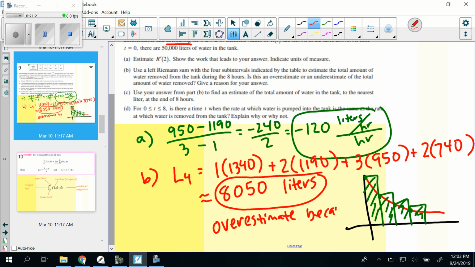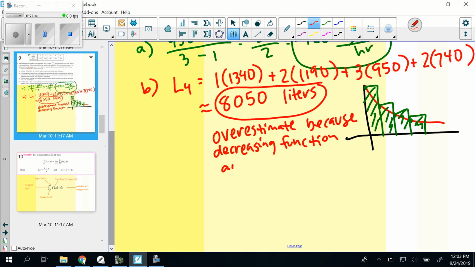So we'd say overestimate because it's a decreasing function and we're using left endpoints. And that would be a good enough explanation to get full credit on that one.